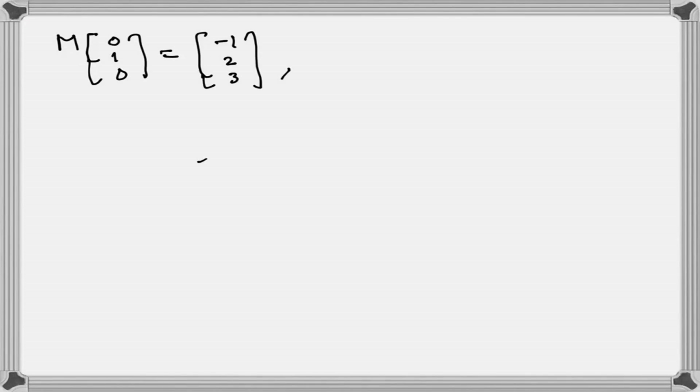Alright, so we take the first equation. First equation says that M times (0, 1, 0) is equal to (minus 1, 2, 3). So this implies if you multiply M matrix with (0, 1, 0), then you will get M12, M22, M32.